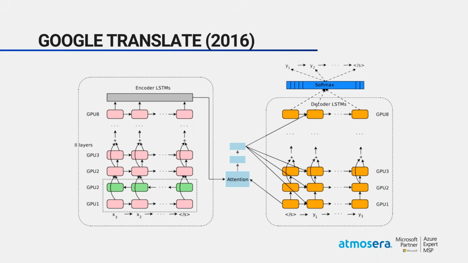And then it would pass that embedding over to the decoder half of the network, which used its own stack of LSTM layers to turn that vector embedding, that array of floating point numbers, into words in the language that you asked the model to translate it into.